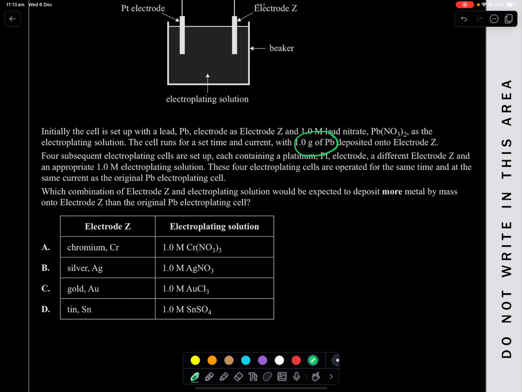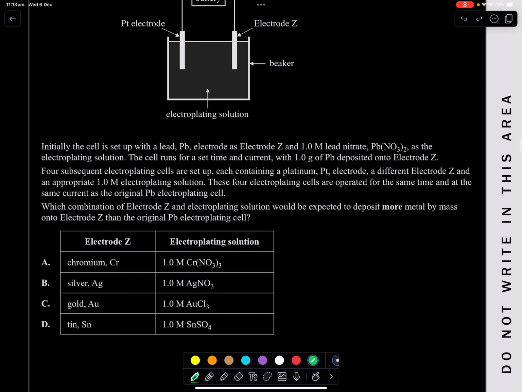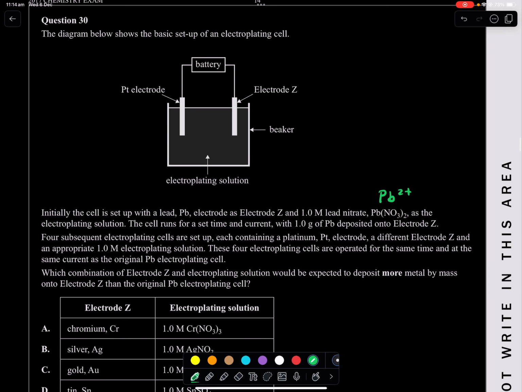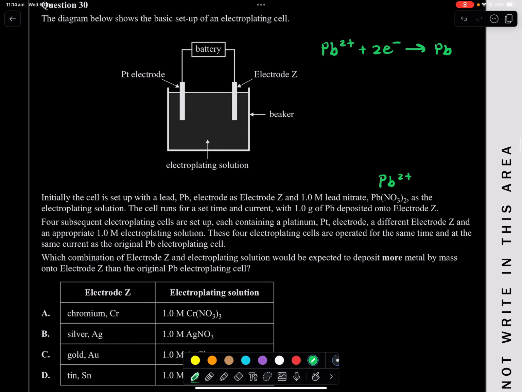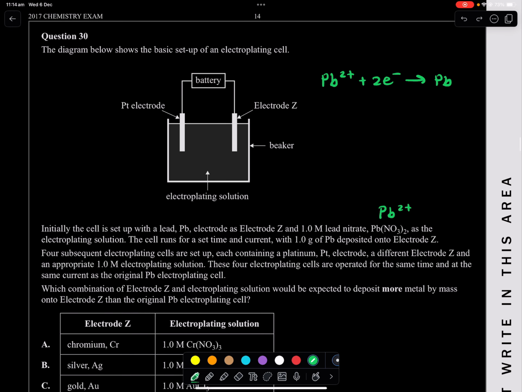So 1 gram, so what's Pb? In this case, we have Pb2+. If I was writing the reaction for Pb, it'll be Pb2+ plus 2e- goes to Pb solid. Now, what we have here is 1 gram of the lead.